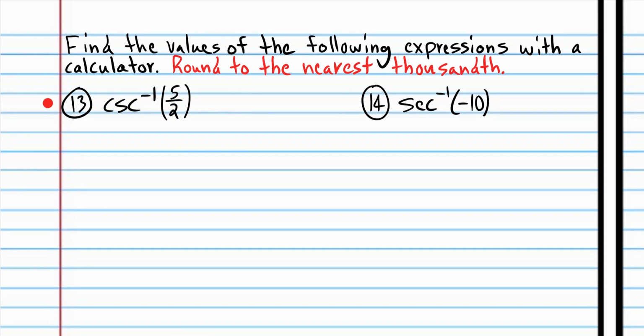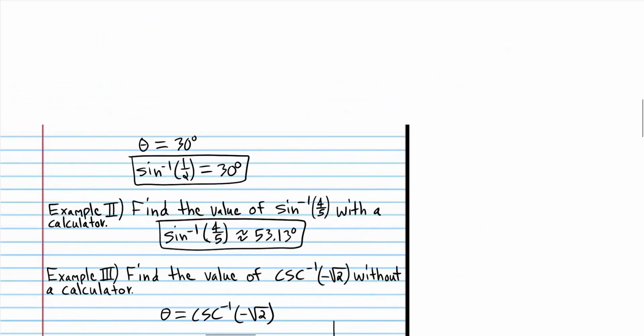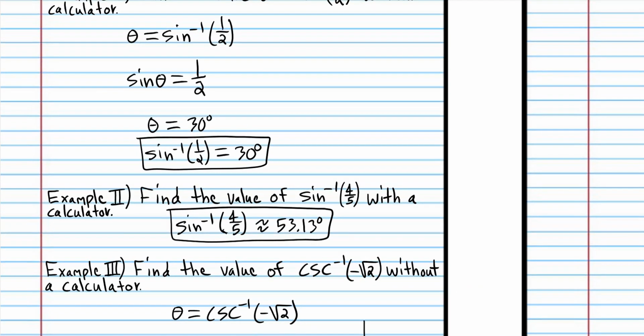Now, it's very important to understand that if this were a sine inverse, cosine inverse, or tangent inverse expression, it wouldn't be a problem. You could just enter it into your calculator and you'd be done, just like we did up here. Remember example number 2, we just entered it into our calculator and we were done.